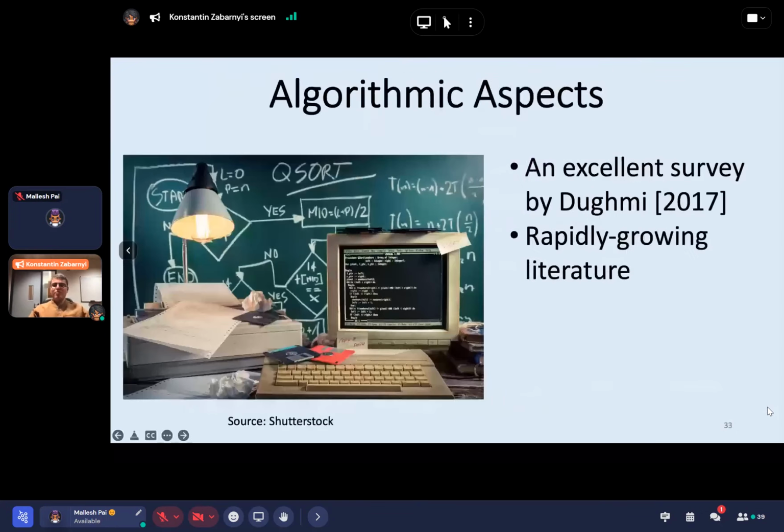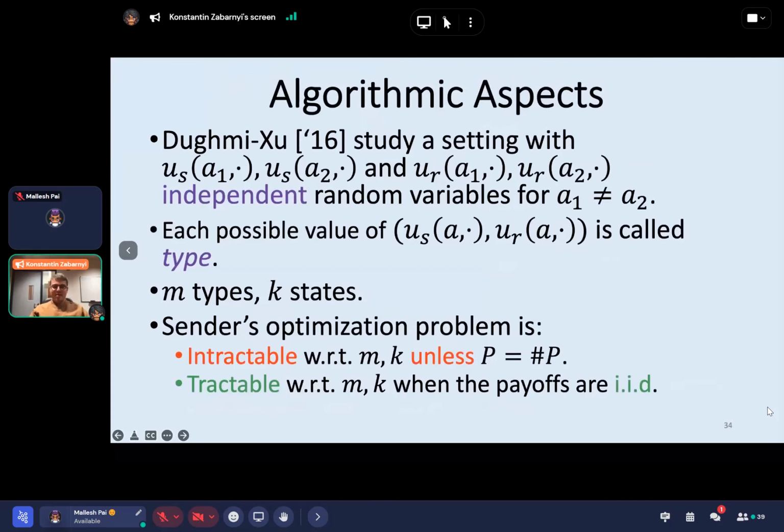And now for the algorithmic aspect. So there is an excellent survey by Dughmi from 2017, but there has been some progress since then. So a paper by Dughmi and Xu from 2016 studies a setting with independent sender and receiver payoffs, and they call each possible value for the sender's and receiver's payoff for some action a type.